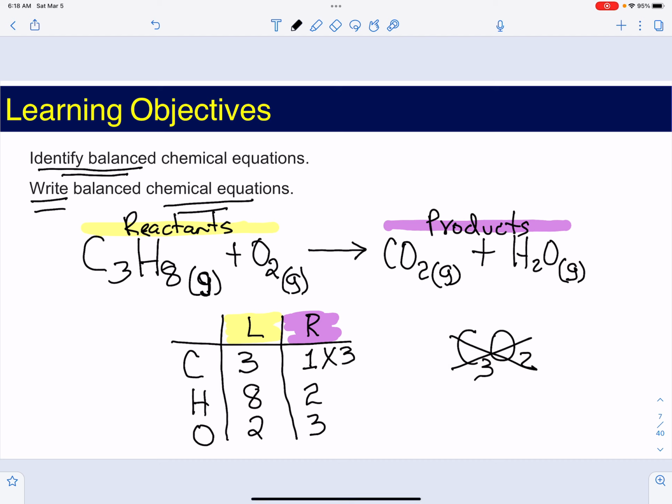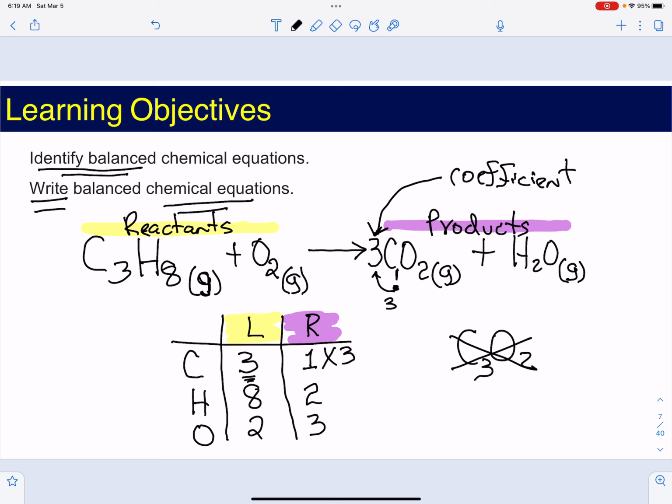Wherever the carbon is, I'm multiplying by 3. I just added a coefficient. So we're learning a lot of new vocabulary today. I just added a coefficient to the carbon dioxide formula. So that tells me now that if I have 1 carbon and I multiply it by 3, then I get 3 carbons. So it's balanced now.